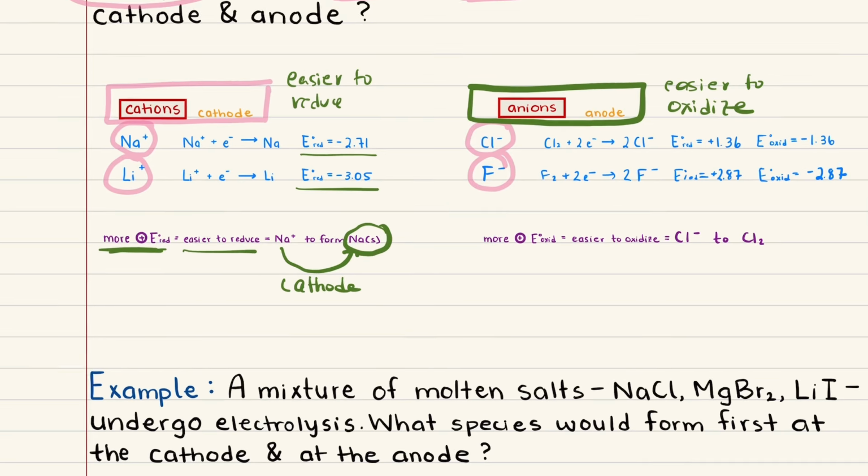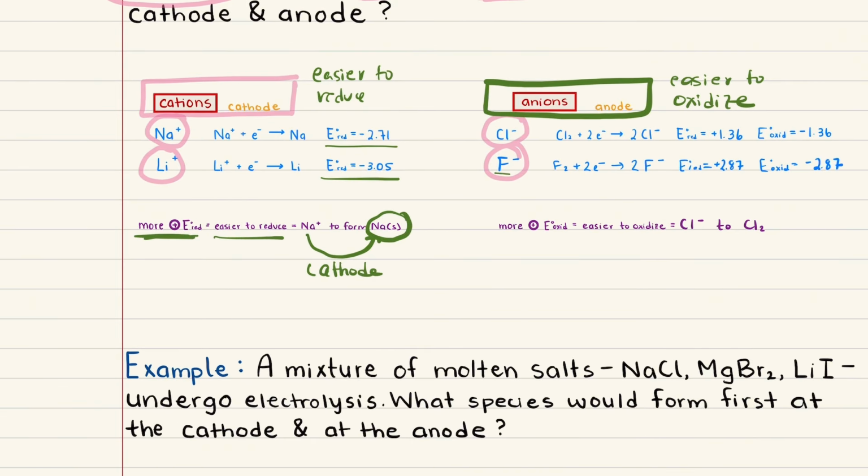At the anode, the two candidates for oxidation are fluoride and chloride. To compare them fairly, we look at the oxidation potentials, which means we flip the sign of their reduction potentials. Fluoride has an oxidation potential of negative 2.87 volts, while chloride has an oxidation potential of negative 1.36 volts.